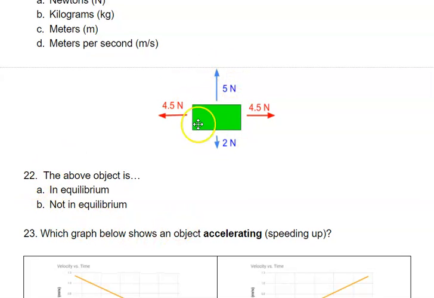We have a free body diagram here that goes to question 22. The above object is this one. Is it A, in equilibrium, or B, not in equilibrium?